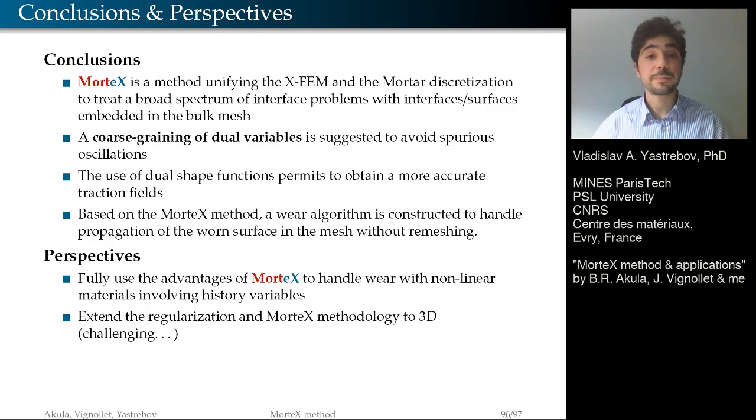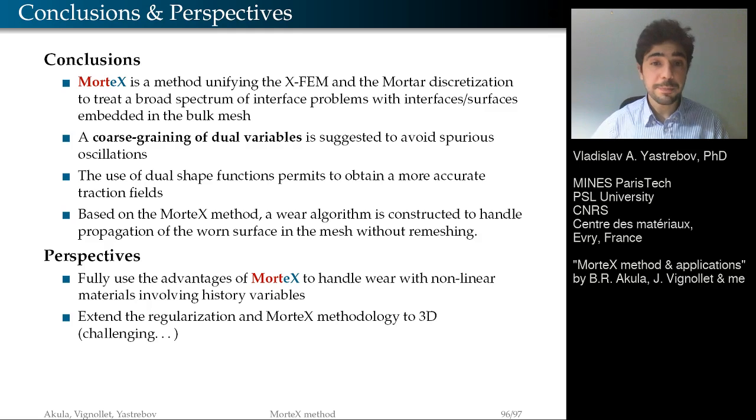In practice, if you would like to handle wear problems with nonlinear materials which involve transfer of history variables, in the classical context of remeshing, we need to map history variables from the previous mesh to the newly created mesh while remeshing.